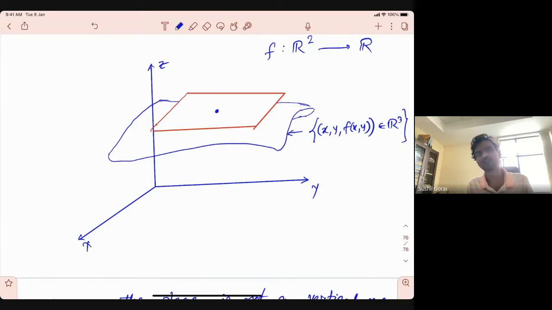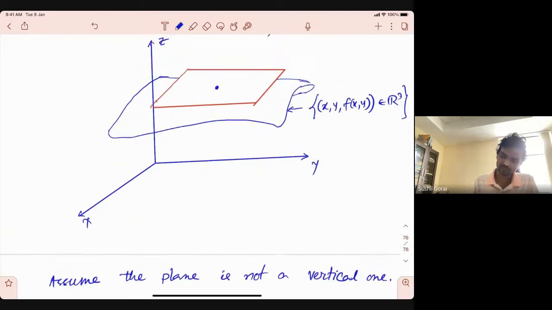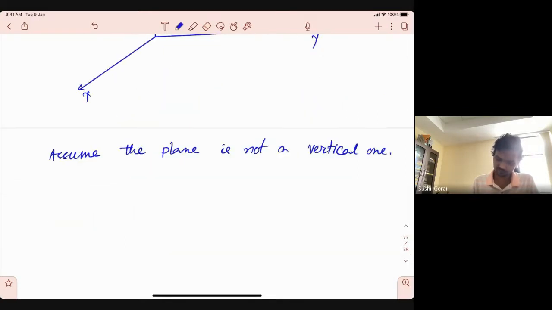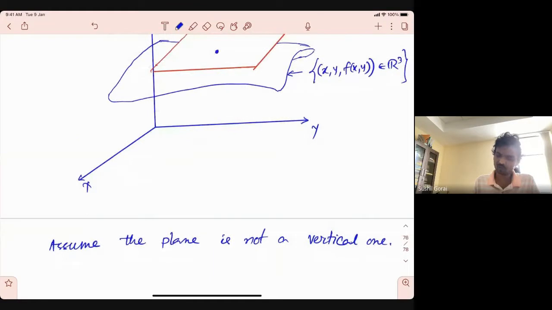The vertical case will be dealt with later, then you have to consider the coordinates the other way, and it cannot be a graph if it is vertical. So what will be the equation of a plane? Yeah, anybody?